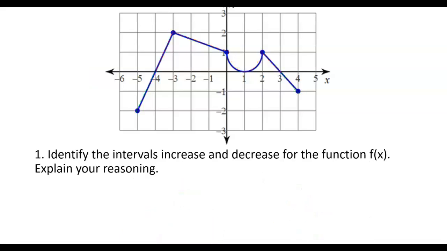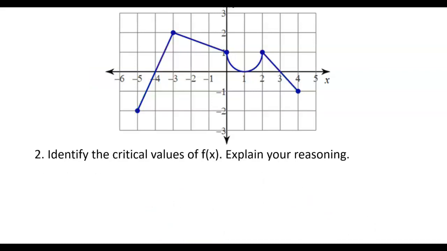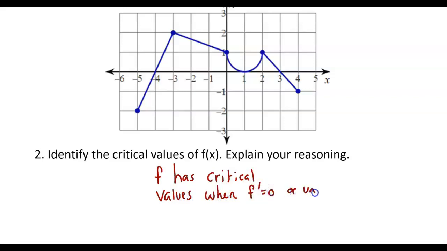graph of f prime. Let's go ahead and take a look at number 2 here. Number 2 says, identify the critical values of f. Explain your reasoning. All right, so f has critical values when f prime equals 0 or is undefined.